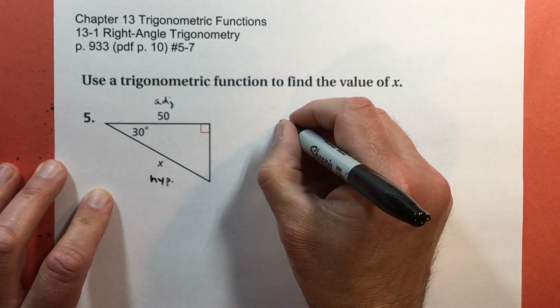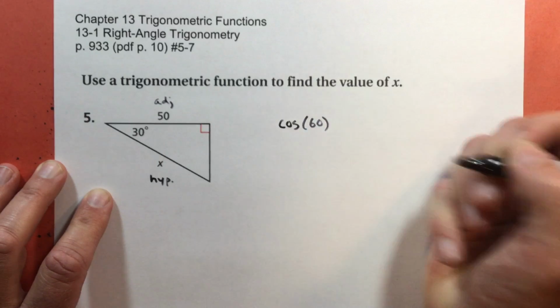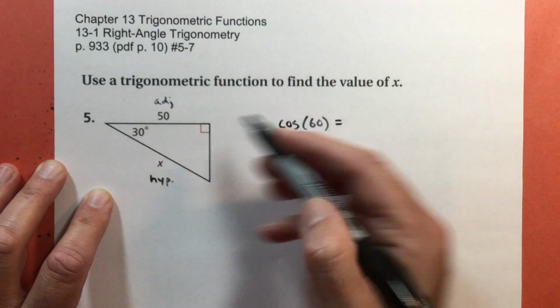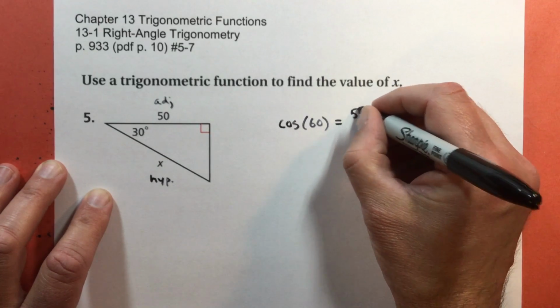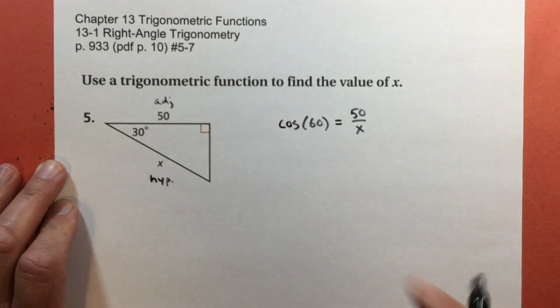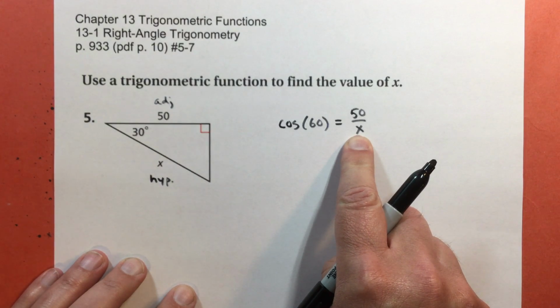So I can set this up. The cosine of 60 degrees is equal to adjacent over hypotenuse, which is 50 over x. Now I'm going to find the cosine of 60 degrees right here. But first I'm going to get that x out of that denominator, and I'm going to try to put it all by itself.